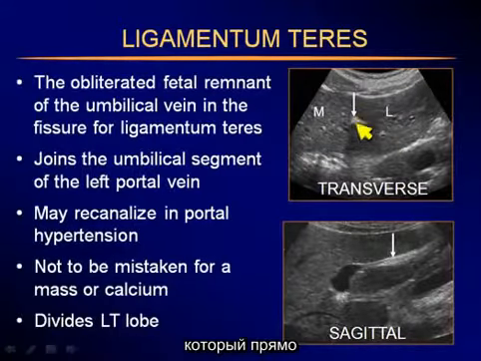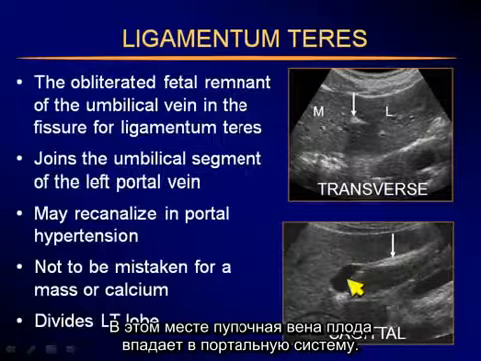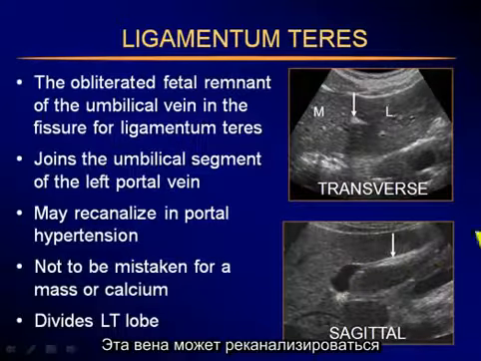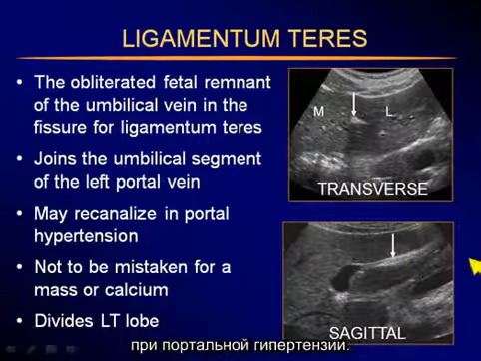We are now taking a sagittal image, and we can see the brightness of the fat surrounding the ligamentum teres within this umbilical fissure, and notice that it goes directly into the umbilical segment of the left portal vein. So that's where the fetal umbilical vein enters the portal system. This vein may recanalize in portal hypertension, and once again, it is a divider of the left lobe.